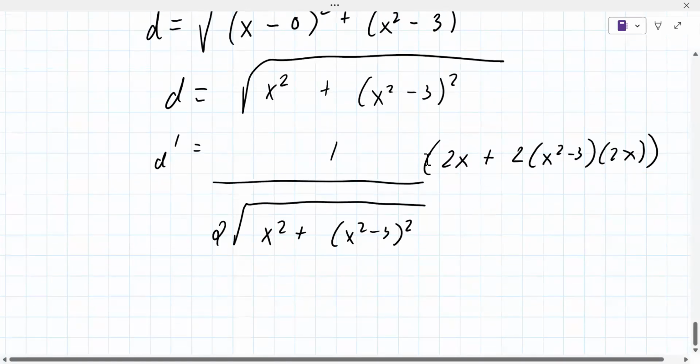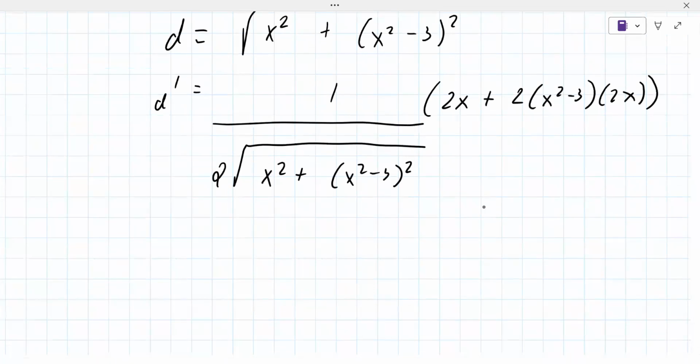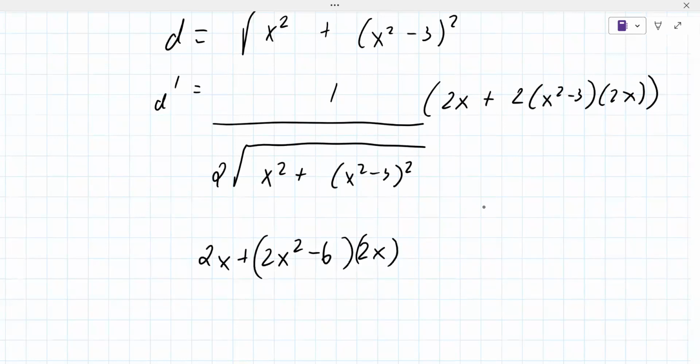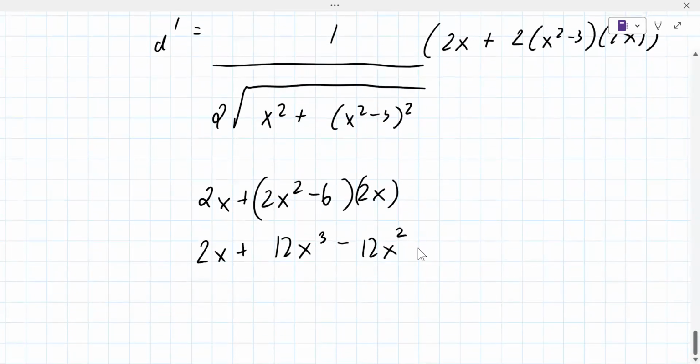This is the part you care about. This is the part you set equal to 0, the numerator. So you'd set 2x plus 2 times (x squared minus 3) times 2x, which ends up being 12x cubed minus 10x, equal to 0.